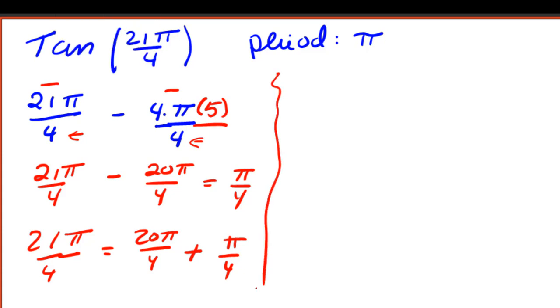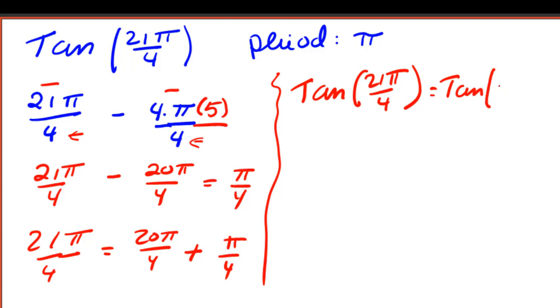So now I can get back to my original task, which was finding the tangent of this angle, 21 pi divided by 4. Well, that's equivalent to, and again, I'm going to write this whole thing out, tangent of 20 pi over 4 plus pi over 4. I know that this might come off screen here, that's why I'm trying to tighten it up. But that's equal to, I can ignore this because this is just going period after period after period. It's not doing anything.